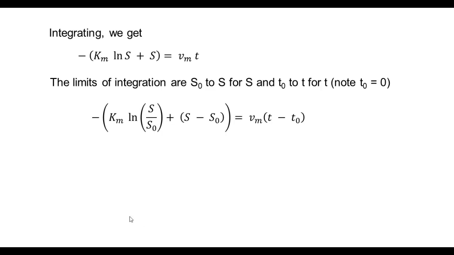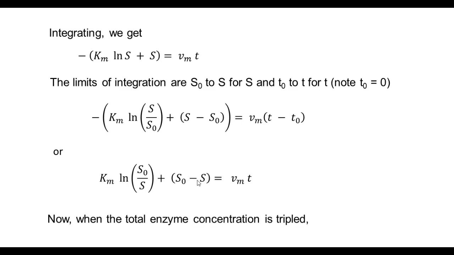Therefore, integrating, this term is minus Km ln S by S naught, plus S minus S naught. It goes from S naught to S, therefore S minus S naught equals Vm into t minus t naught, or Km ln S by S naught plus S naught minus S is Vm t.